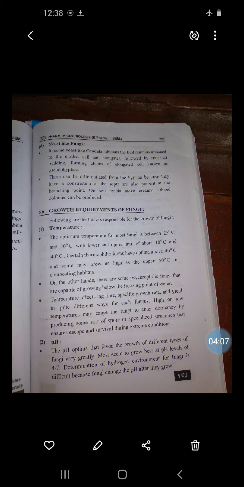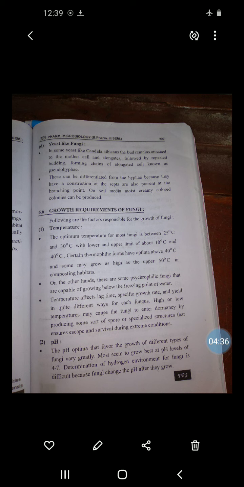First, temperature. The optimum temperature required for growth of fungi is in the range of 25 to 30 degrees Celsius, with lower and upper limits of about 10 degrees Celsius and 40 degrees Celsius.